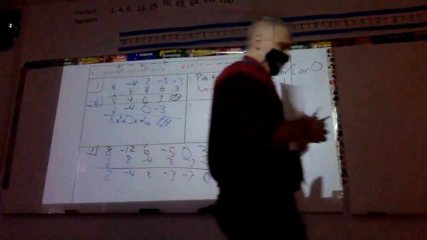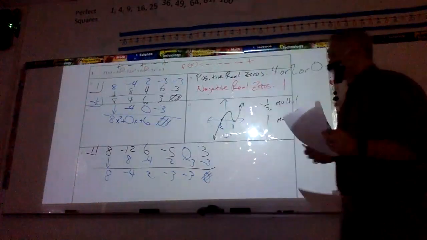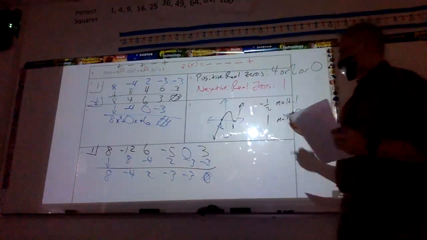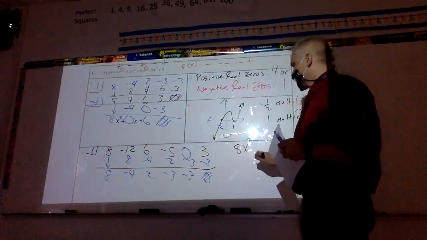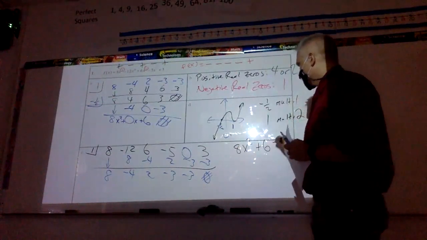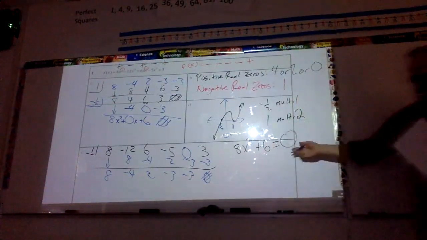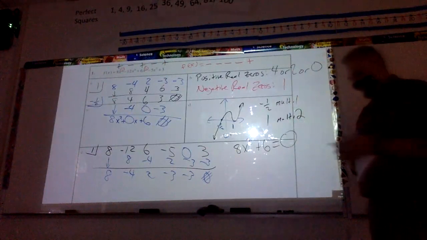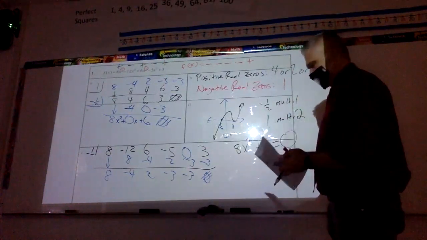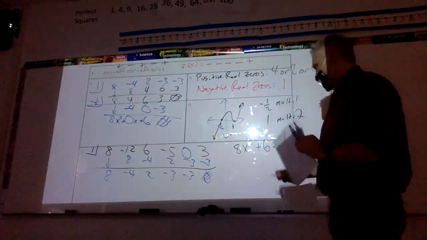So this is 8x squared plus 0x plus 6. So we want to find our last two zeros. Our last two zeros we can find by taking 8x squared plus 6 and setting it equal to 0. Okay, 8x squared plus 6 equals 0. So now let's do some arithmetic, a little bit of algebraic solving.